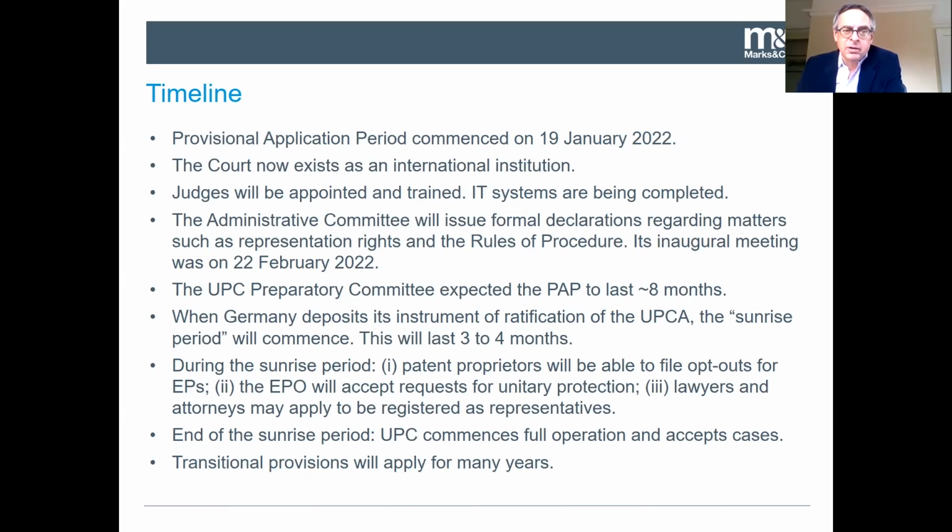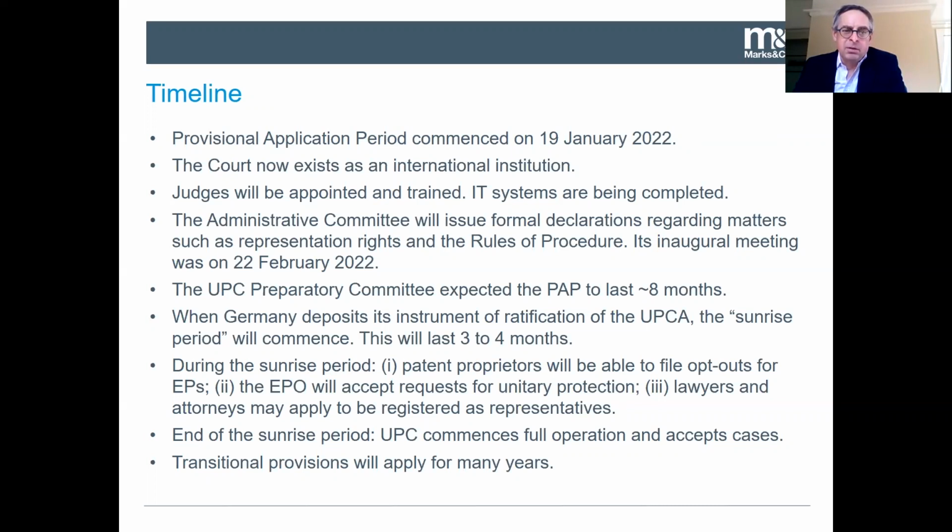They have been resolved, and there is a protocol to the UPC agreement which allows the agreement to take provisional effect, certain parts of it, in order to allow the court to actually employ judges, arrange its IT systems, and take all the necessary steps that you actually need to have a functioning court so that it can hear cases as soon as the UPC agreement itself is formally brought into effect in its entirety.